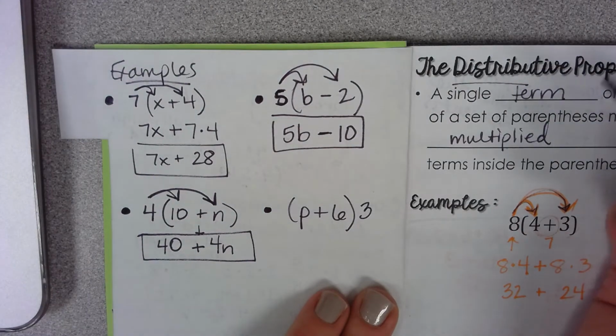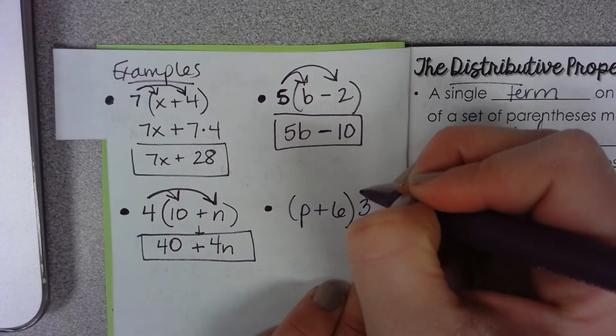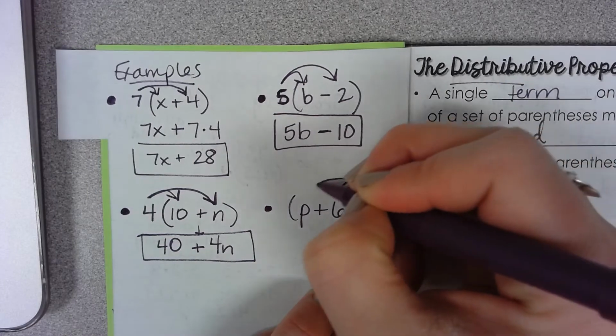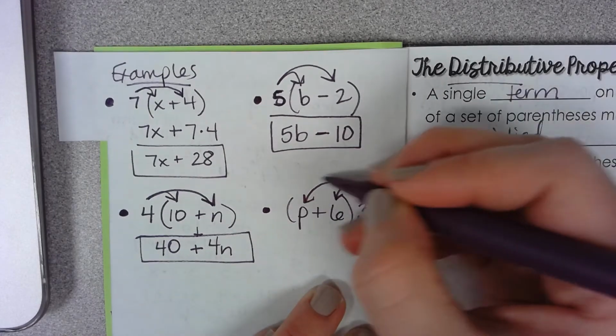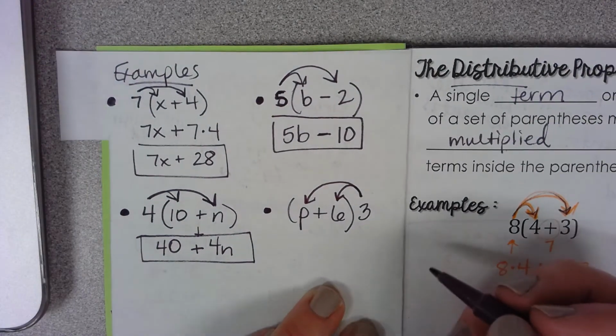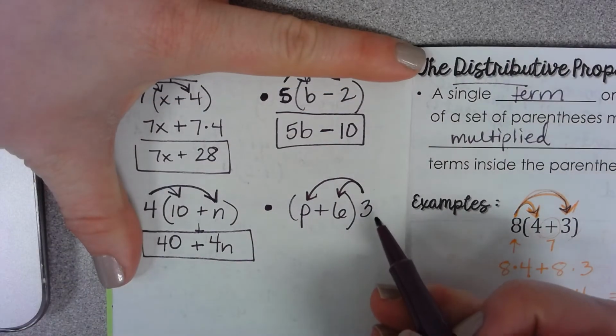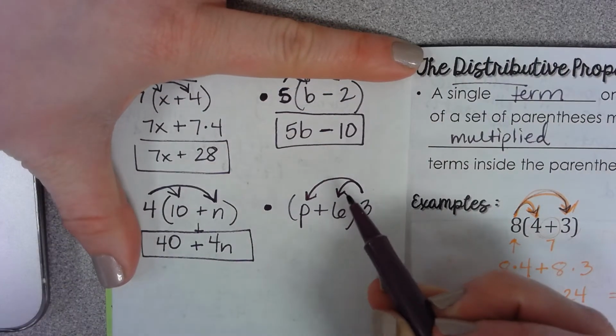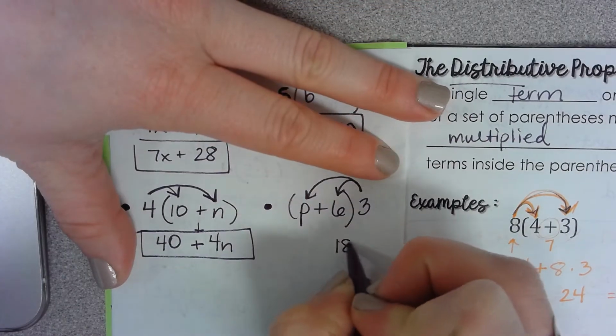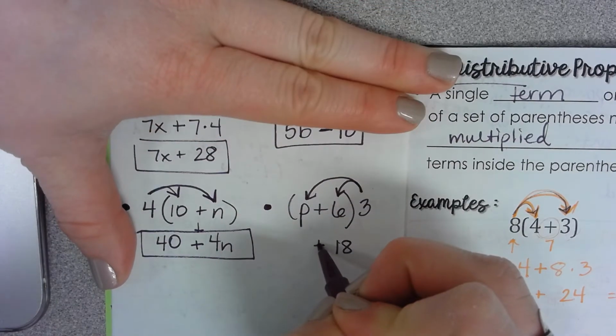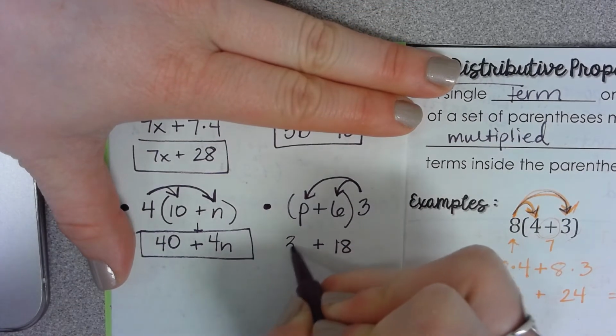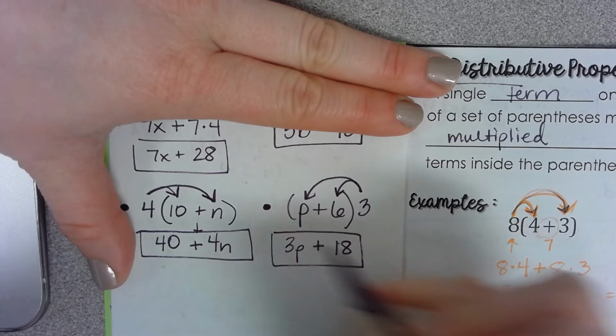You would do exactly the same thing. You're still distributing that guy on the outside to each guy on the inside. You're just going in the opposite direction with it, but it will still end up being the same process. So when we distribute 3 to 6, I multiply them together and I get 18 plus, my sign transfers down, 3p. And that would be my simplified expression.